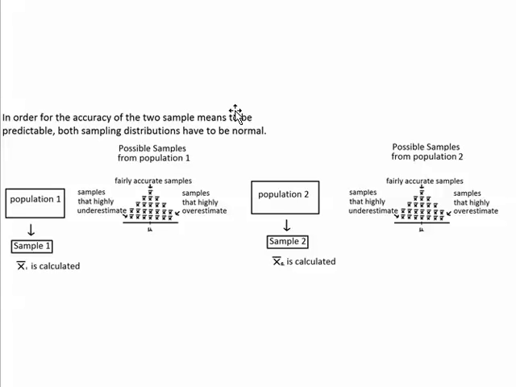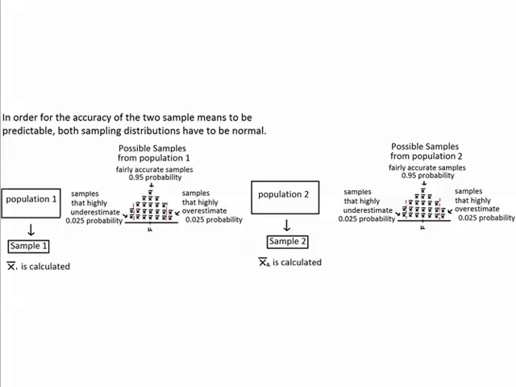So basically, in this type of study, I want either to know that these two populations are normal, and if they are normal, I can use any sample size. Or if I'm not sure whether the two populations are normal, I need to take at least 30 from population 1 and at least 30 from population 2. That way I know that the two sampling distributions are at least roughly normal.